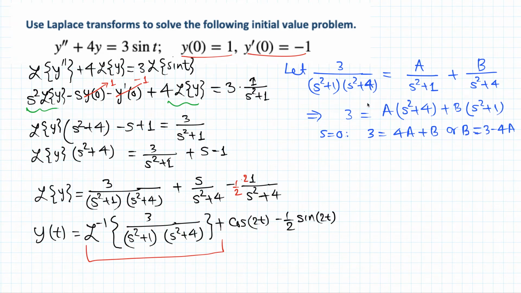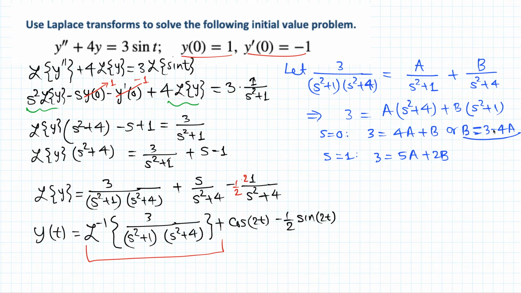So now we can take anything. Let's take the easiest one, maybe 1. So 3 equals 1 squared plus 4, 5a, plus 1 squared plus 1, 2b. But b is found here.